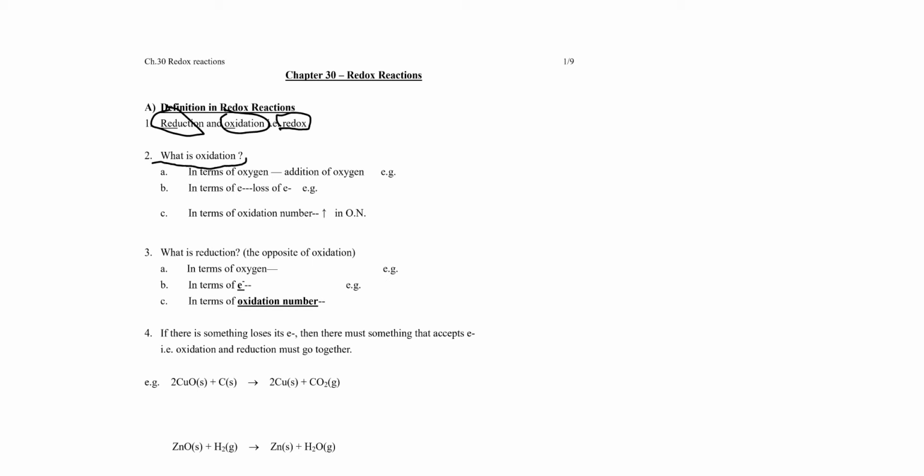From the name oxidation, the definition that is very obvious is in terms of oxygen. That will be adding oxygen to something. We call it oxidation. For example, in example 1, copper oxide adding carbon gives 2 copper and CO2. From this reaction, carbon has added oxygen.